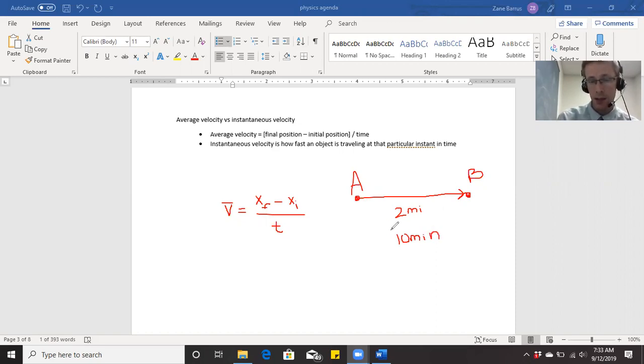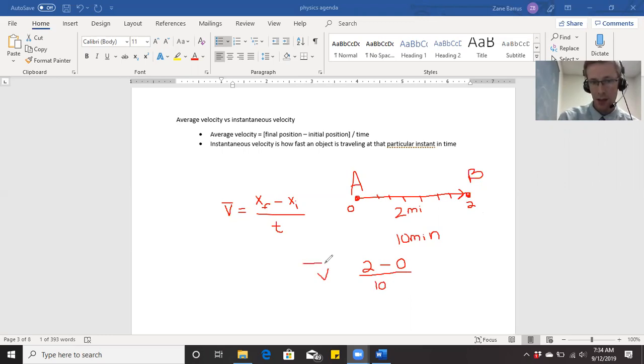In this case, we'd call position A 0. Position B is 2 miles away. You can almost think of this like a number line if you want to. Just realize we're going a distance of 2 miles in 10 minutes. So my x sub f, my final position, would be 2. My initial position would be 0. And my time would be 10 minutes.